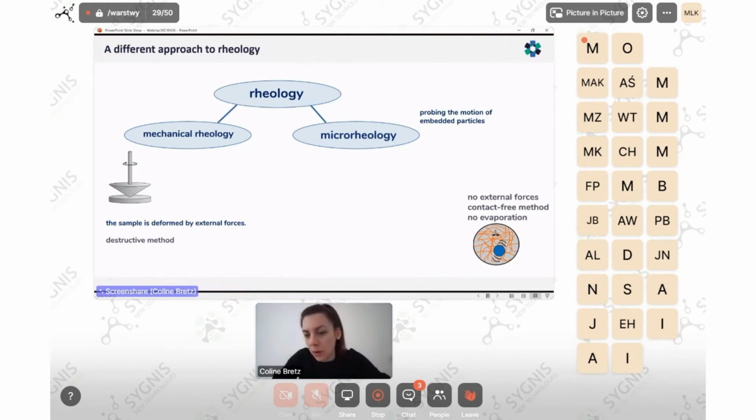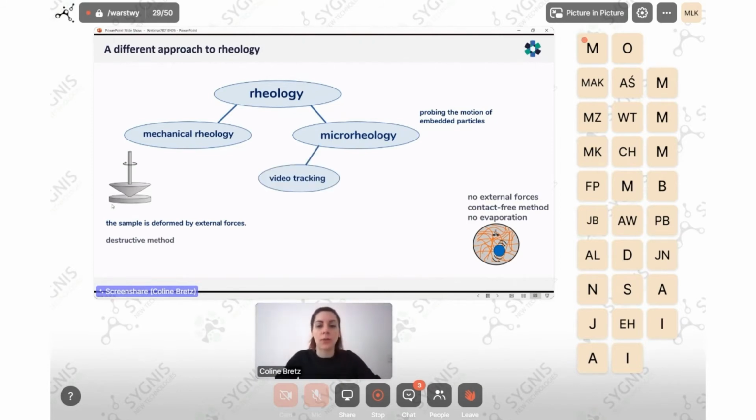These particles are moving with Brownian motion, which basically means there are no external forces applied. You also have this contact-free approach, and no evaporation going on in the sample because we measure in sealed cuvettes, which is not always the case in a rheometer.